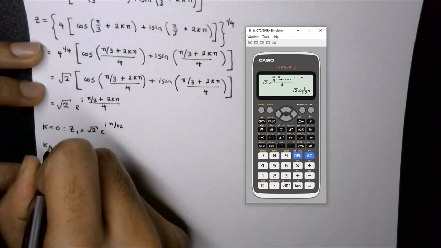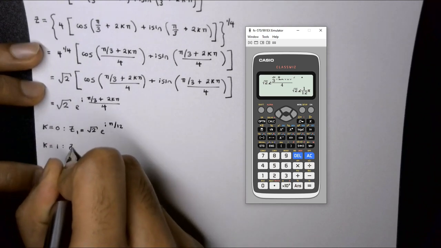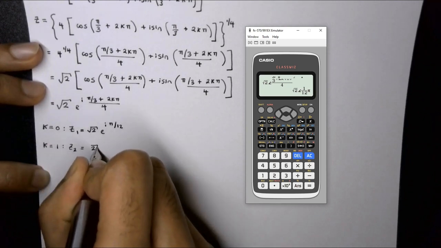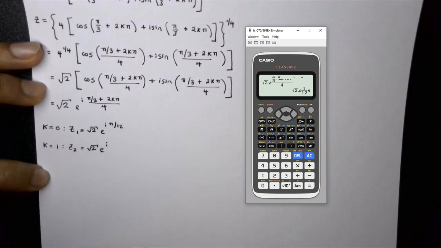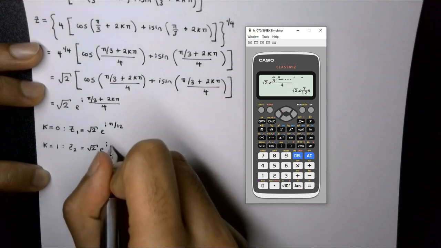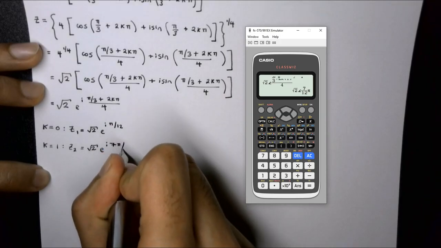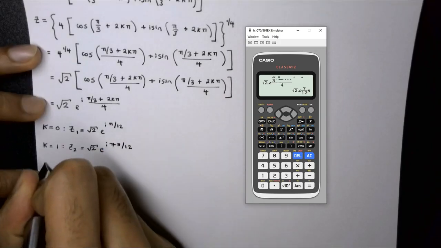When k equals 1, z2 is equal to root 2 times e to the i something. So let's change the 0 to a 1. When we do that, we get 7 pi over 12. So here we've got i times 7 pi over 12.